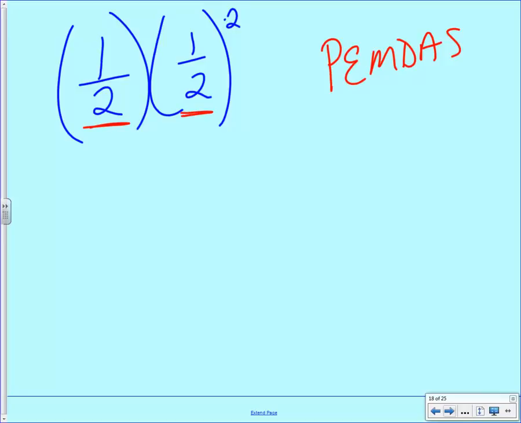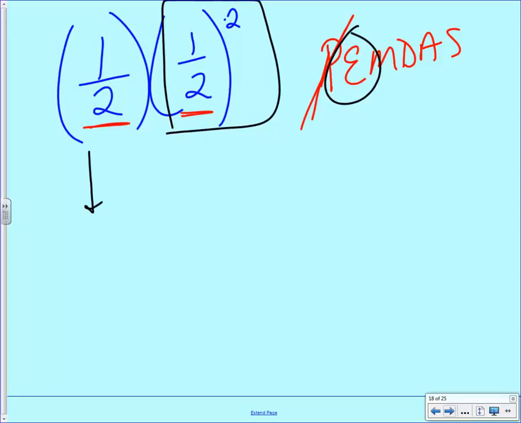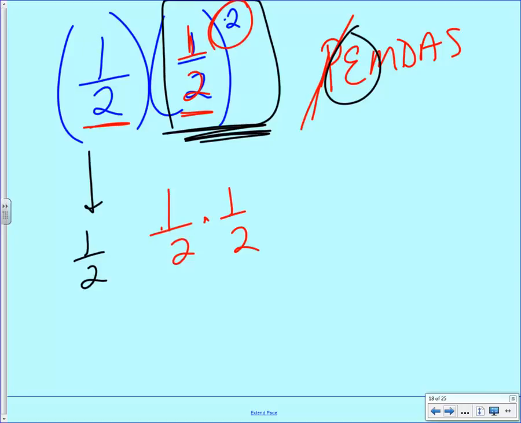They are division problems, but it's going to turn me into a decimal rather than leaving them as fractions, and I don't want to do that. So I'm going to move through that, and I'm going to start back at this exponent. That means I'm going to bring this down and just leave it alone, but this is the piece I'm going to solve. My base is 1/2, and I have it 2 times because my exponent tells me so.